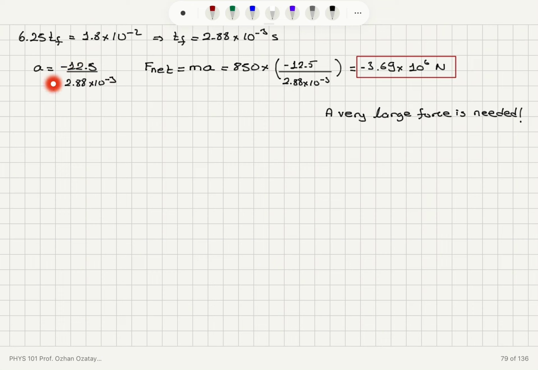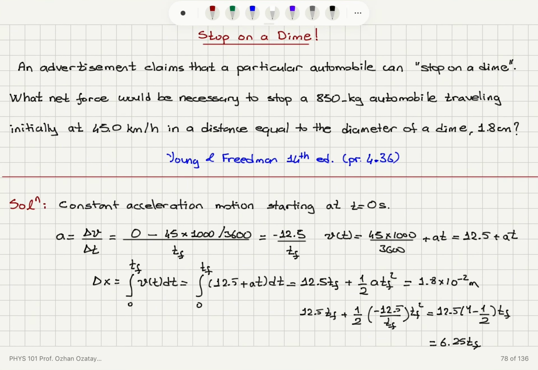So acceleration becomes minus 12.5 over this value, and the net force we have to apply is mass times acceleration due to Newton's second law. That gives us, when we multiply this acceleration by the 850 kilogram mass, minus 3.69 times 10 to the 6 newtons, a very large force is needed, which will cause deceleration of the car to stop in a distance equal to the diameter of a dime.